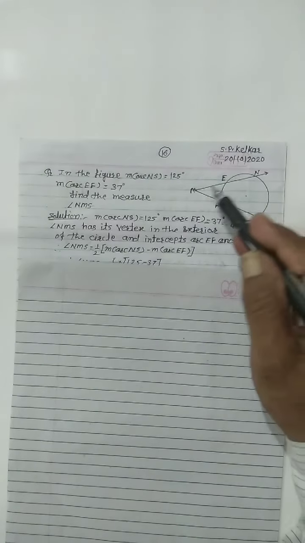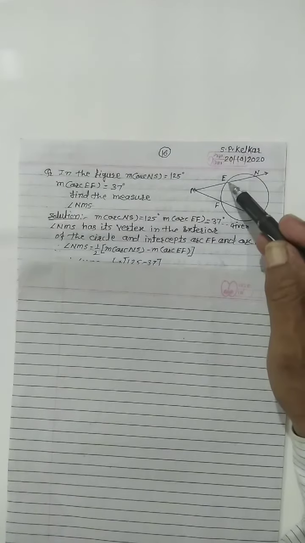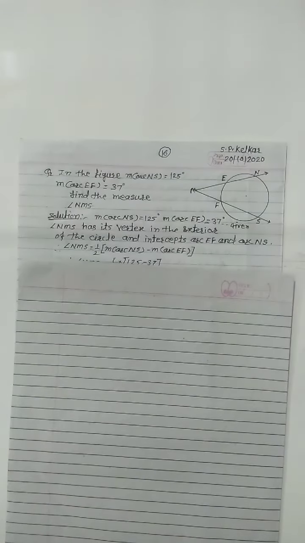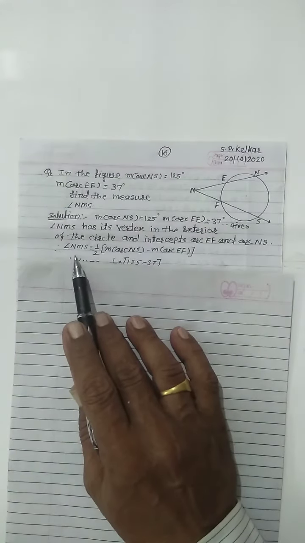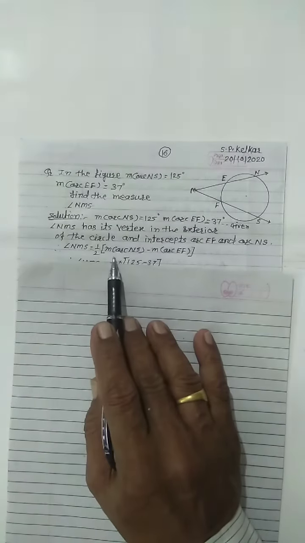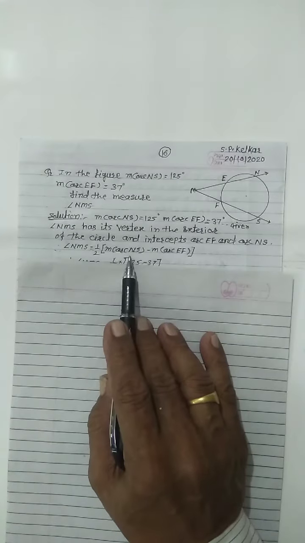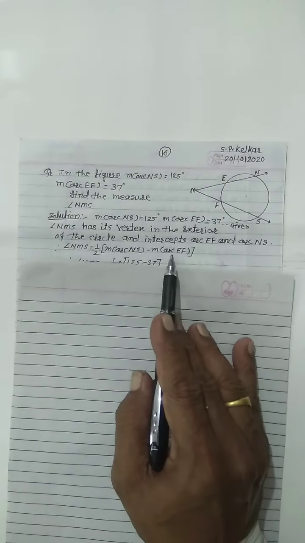So we can write measure of angle NMS equal to 1 by 2 in square brackets, measure of arc NS minus measure of arc EF, square bracket complete.